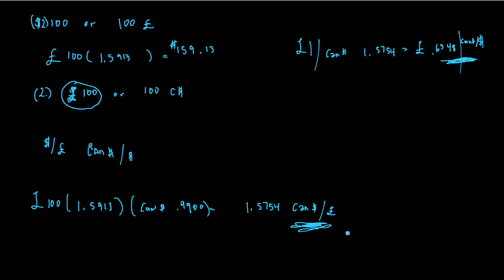We did 3 in class. I'll buzz through 3 real quick, and I think we were pretty good on that one. Number 3 looks at the spot exchange rate for Canadian dollars and the 6-month forward rate. A says, which is worth more, a US dollar or a Canadian dollar? We're going to say the US dollar is worth more. How do we know that? We compare the spot rates.